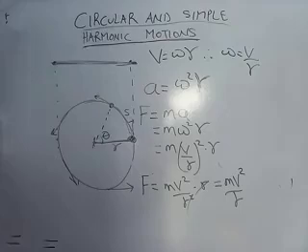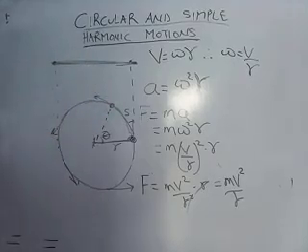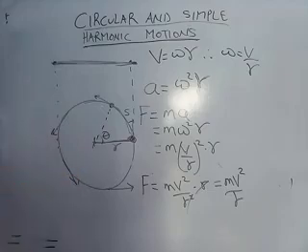Whenever a body is rotating about a point, two forces act on it. The first force pulls the body to the center, and that is called centripetal force. According to Newton's third law of motion, for every action there is an equal and opposite reaction.